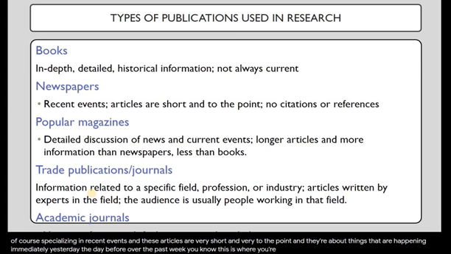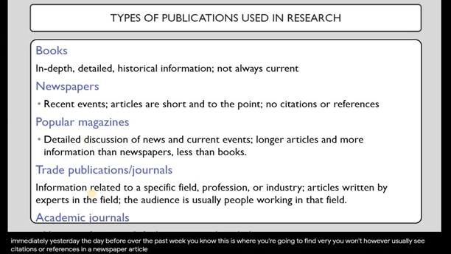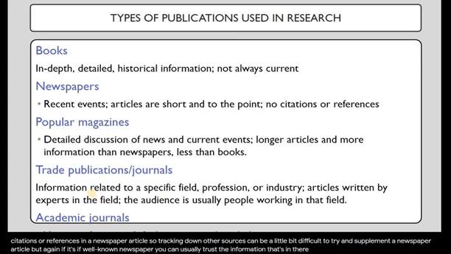This is where you're going to find very up-to-date information. You won't, however, usually see citations or references in a newspaper article. So tracking down other sources to supplement a newspaper article can be a little bit difficult, but if it's a well-known newspaper, you can usually trust the information in there.